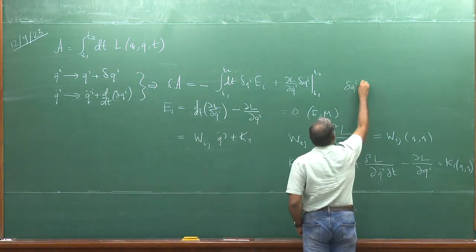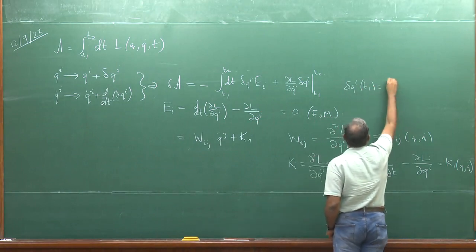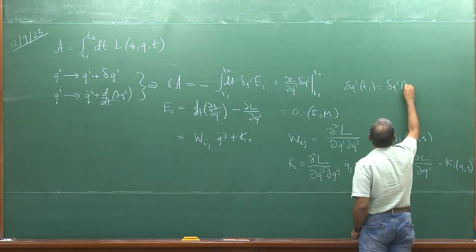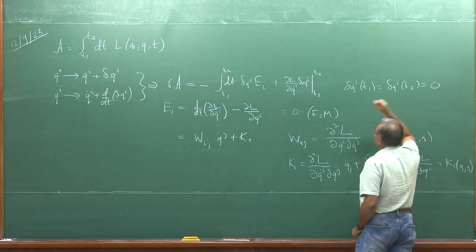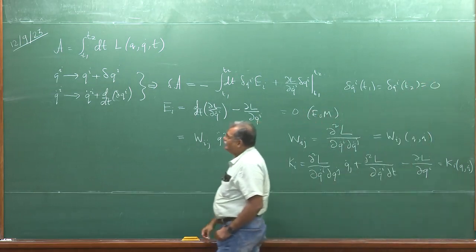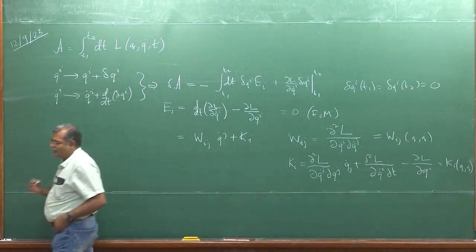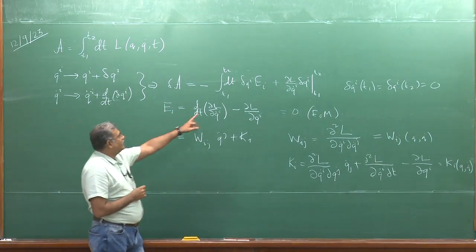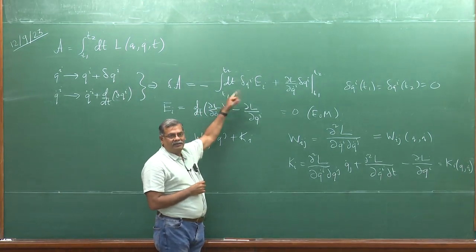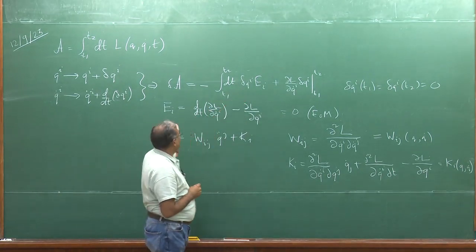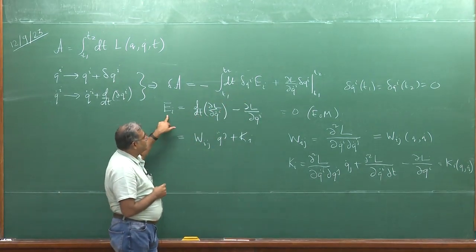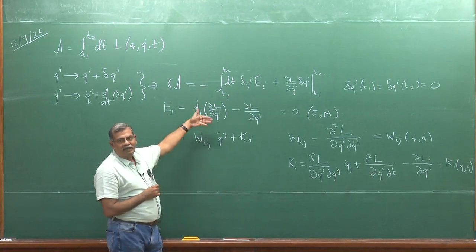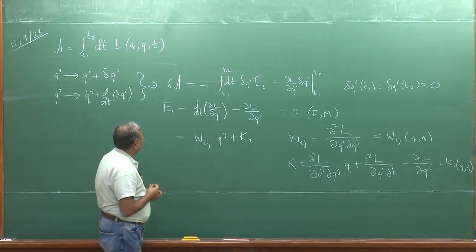If you make this demand on top of everything else, this term drops off, and the extremization of the action, delta A equals 0, automatically tells you that as long as the delta q_i's are all independent, that is you can change q_i's independently, then each of the E_i's would have to vanish, which are our familiar Euler-Lagrange equations of motion.